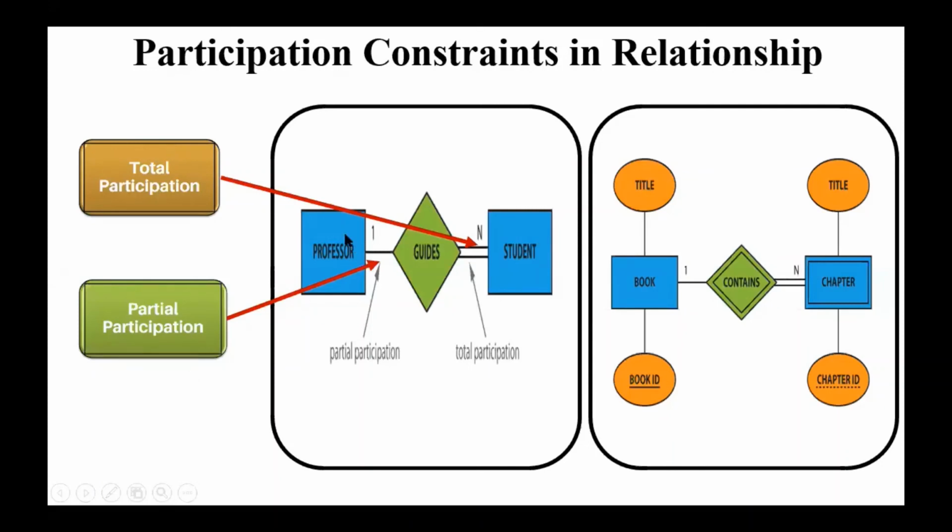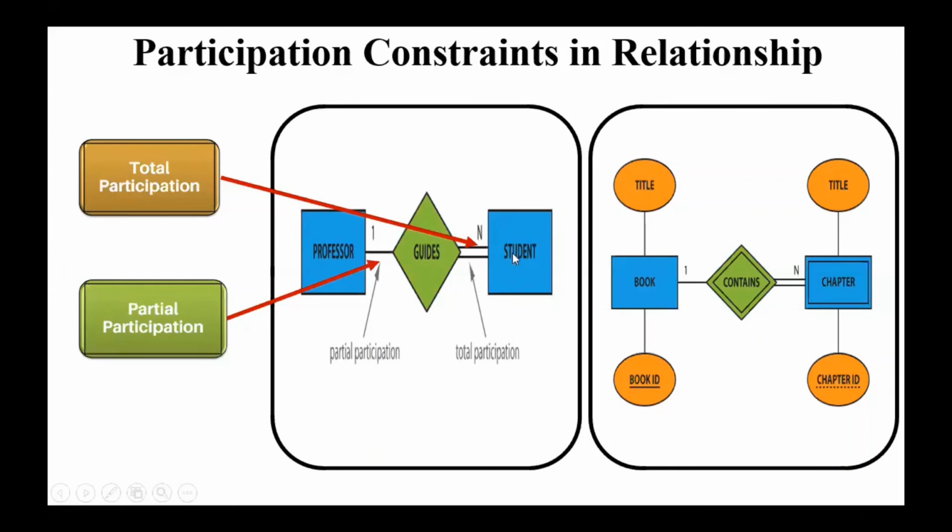Got it? The difference between total and partial, I will show with an example. A professor guides a student. It is not necessary that if there are 10 professors in the department, they are all guides for final year students. So the professor side is partial participation. And if you take students, will every final year student doing a project have a guide, a professor?